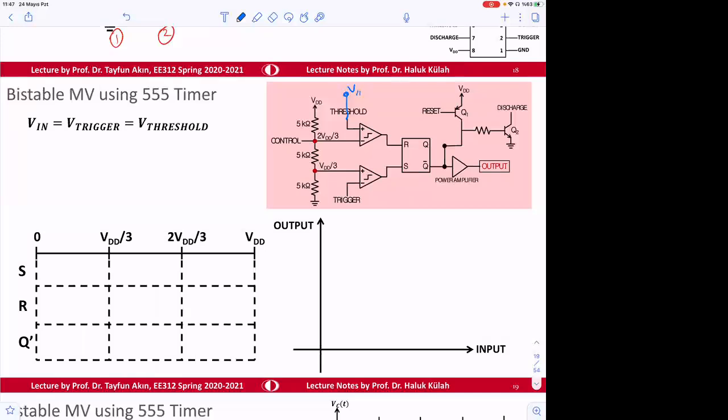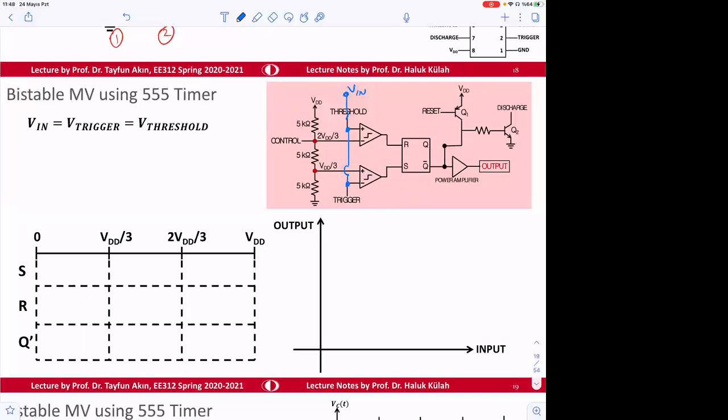So if I connect this as Vn, and the threshold voltage is connected to the trigger voltage, and say that this is Vn, then we will notice that the operation is going to be very interesting.